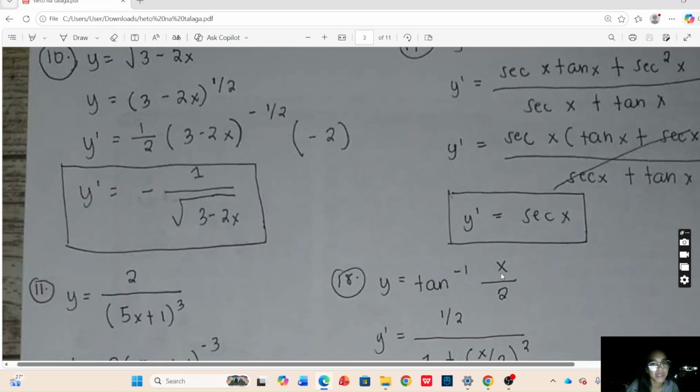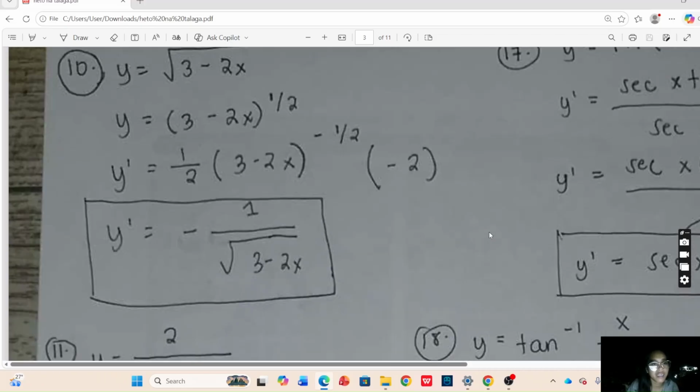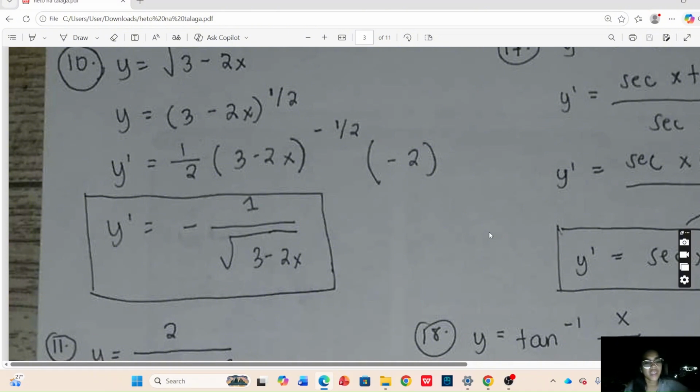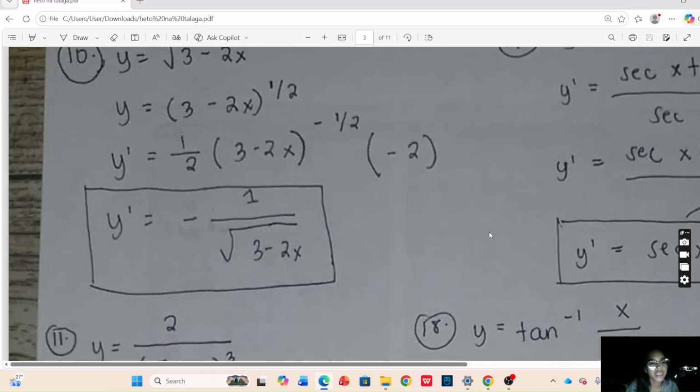Let's have number 10. The function is the square root of 3 minus 2x. We have to write the square root as an exponent of 1/2, since that is the easiest way of differentiating a square root.